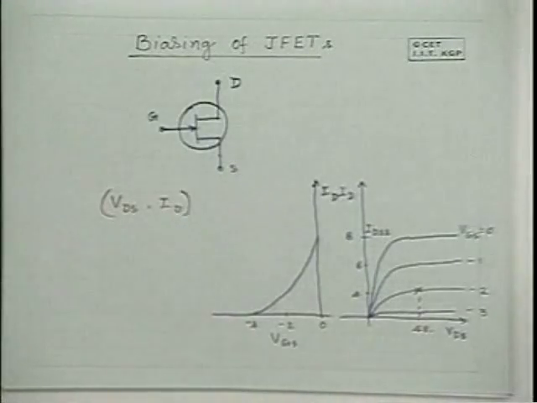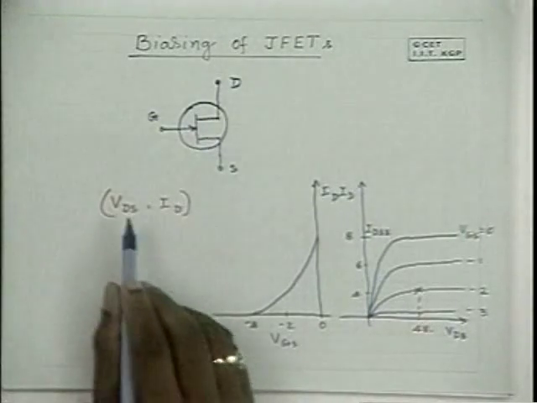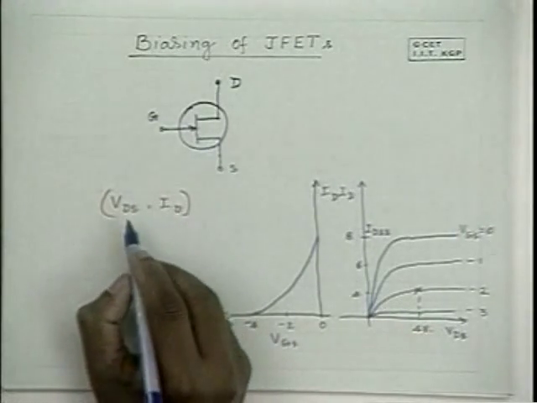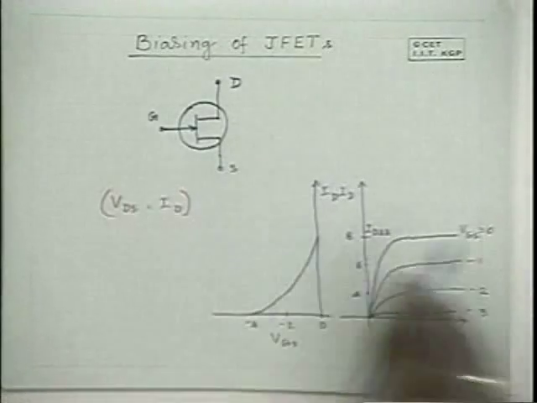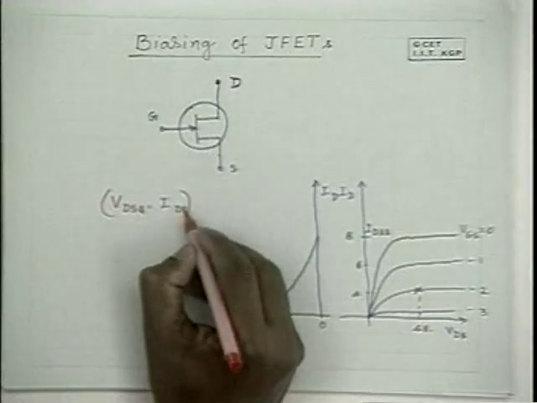Now there is another quantity, VGS. VGS is not independent of VDS and ID. Let me write it as VDSQ to indicate the quiescent point, and this is IDQ.